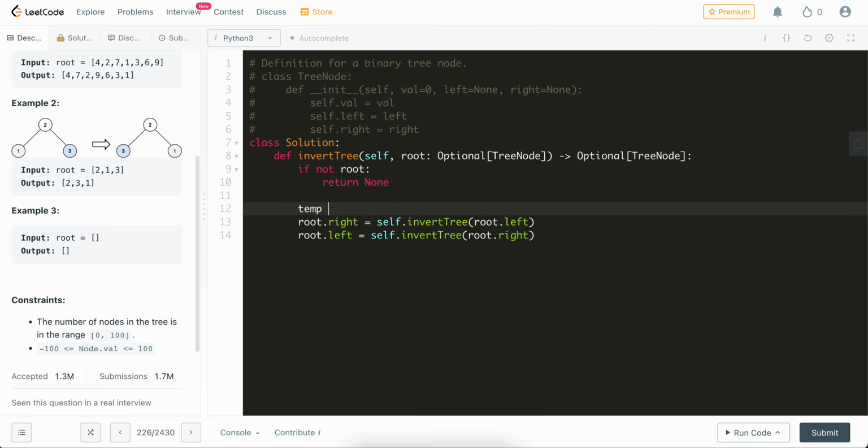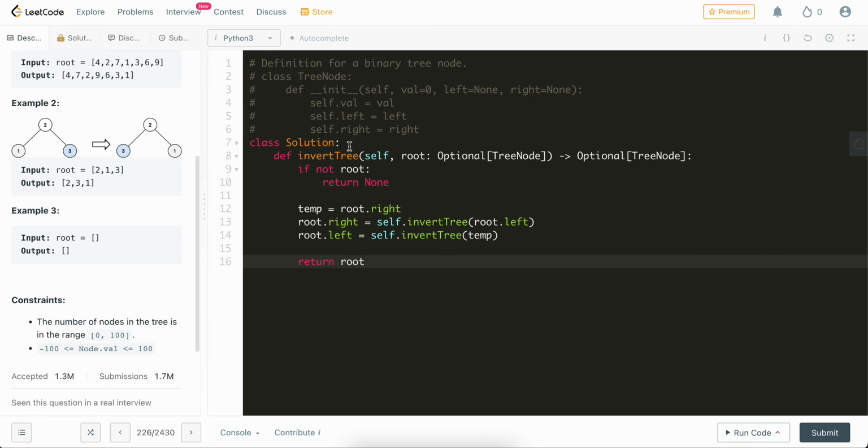Okay, so we're going to use a temp variable. We're going to set it to root.right, because this is going to be the original value of the root.right. We're going to set root.right equal to the inverse of the root.left, and then we're going to set the root.left equal to the inverse value of the original right. And then lastly, we're just going to return our root.